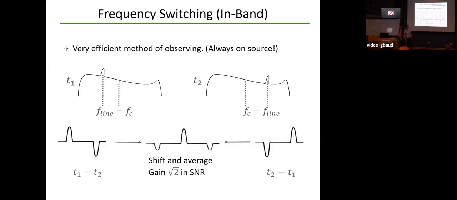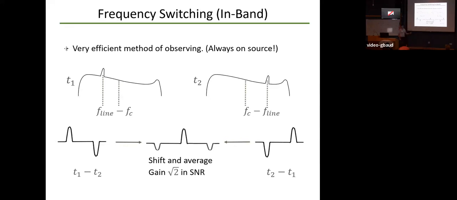Because we subtracted it. And then we will shift these in frequency space to overlap this positive line with this positive line, and we will average those two together. Okay? So now you have a larger line in here that is the sum of this line and this line, but you still see these negative images over here from those negative lines over here.